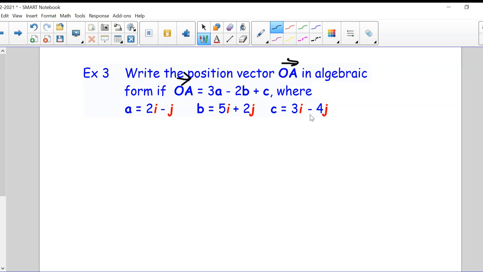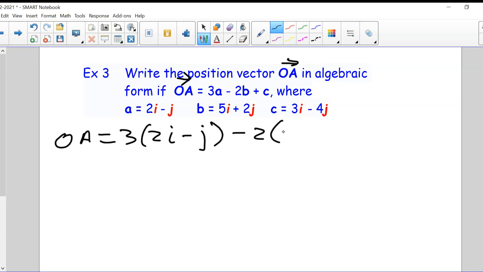Well, if you remember this stuff that we did when we looked at the properties of vectors, it is exactly what you think it is. So my OA vector would be 3 times (2i minus j), minus 2 times (5i plus 2j), plus c, which we said was 3i minus 4j.